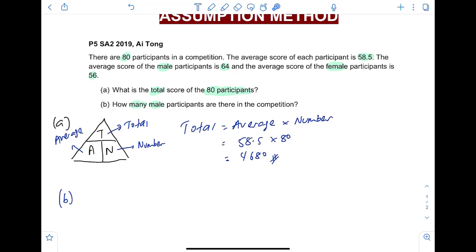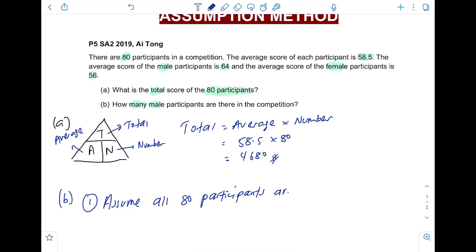Since we want to know the male, we imagine all 80 participants are the other option. What's the other option compared to male? It will be the female. So assume all 80 participants are female. Of course, this is not true, it's just an assumption, it's just an imagination.